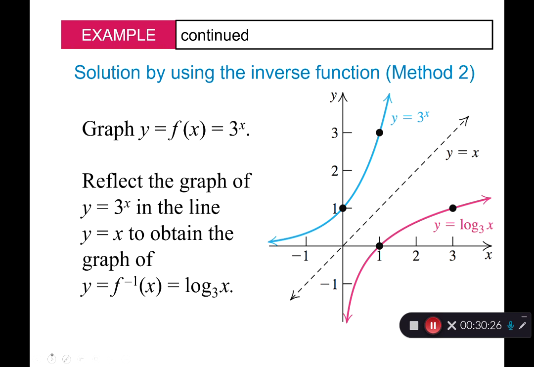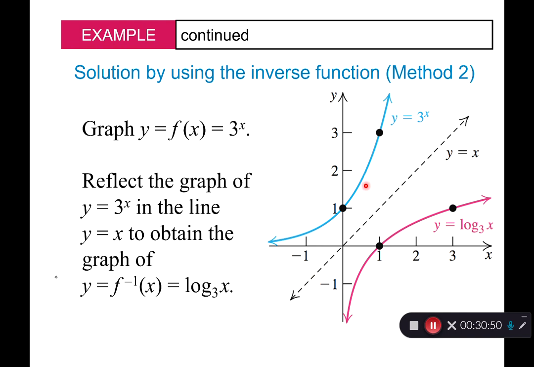The second method you can do, if you got really good at plotting exponential functions, is use the idea of the inverse function. The graph here and its inverse would be a reflection across the line y equals x.